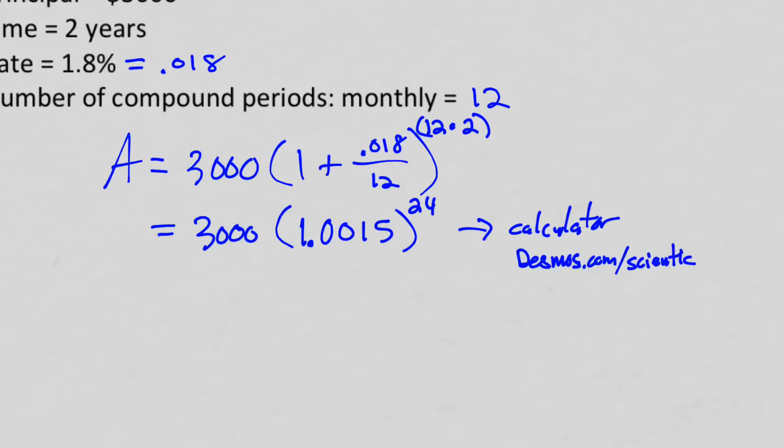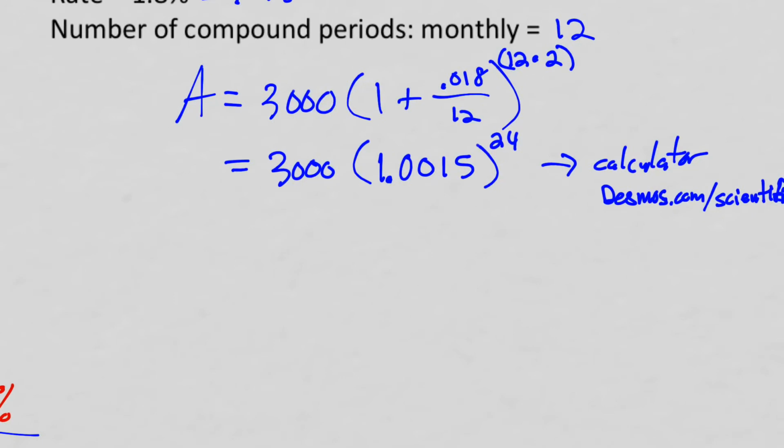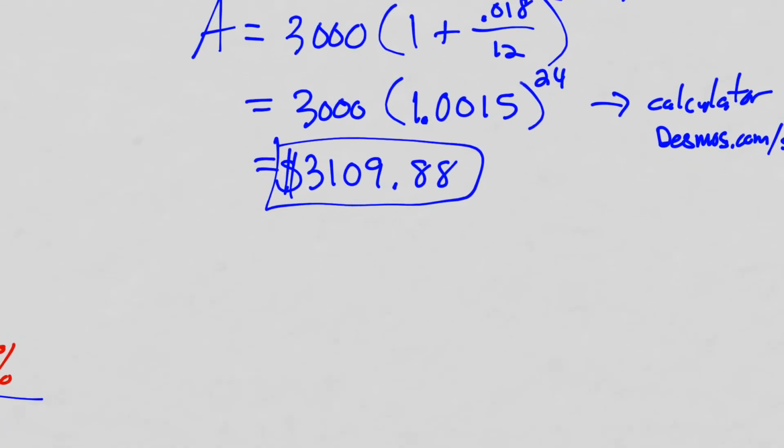But you have to have scientific, okay? Okay, once you type that in, you're going to get 3,109.88. That's our account after 2 years with this scenario.